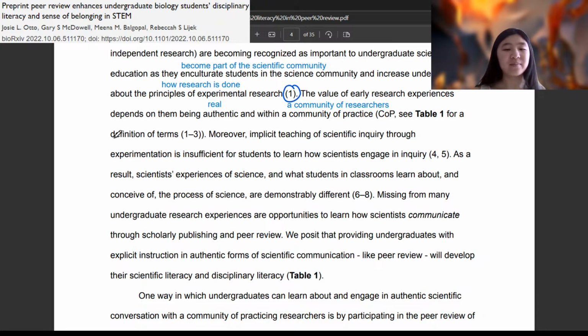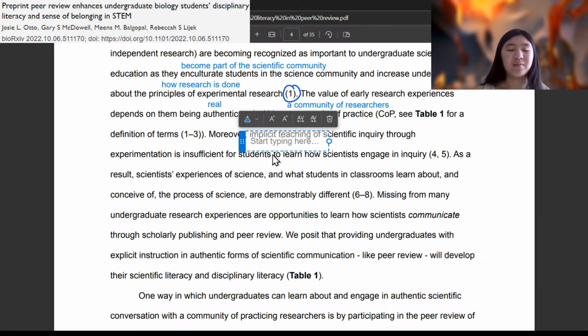Okay. So moreover, implicit teaching of scientific inquiry through experimentation. So basically meaning forcing the student to figure it out on their own. That implicit is basically what that means.